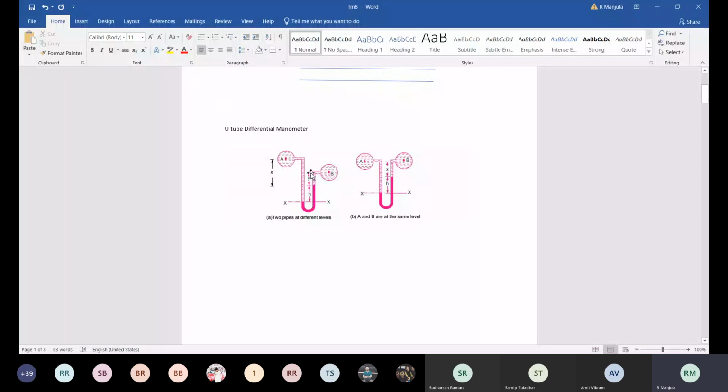The difference between these two levels is given, and you have to find out what is this H. What is this X minus Y actually? X minus Y is nothing but this difference in level. Am I right? This X is actually the total head. This Y is what I am unable to draw. I am having the difficulty.